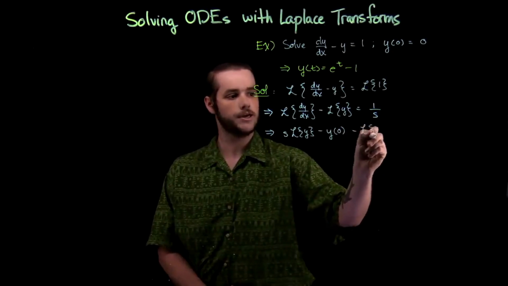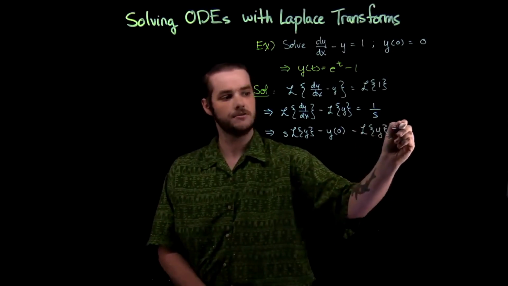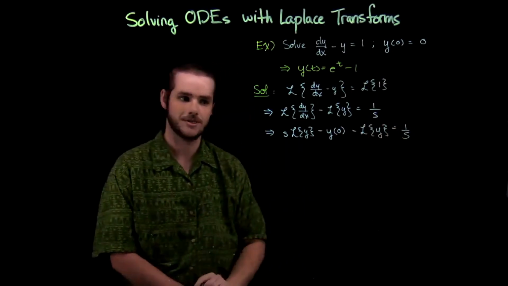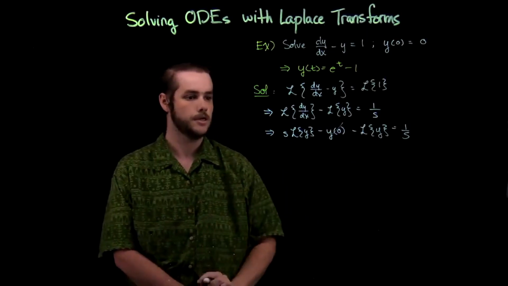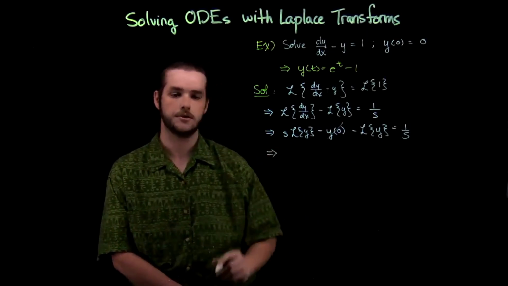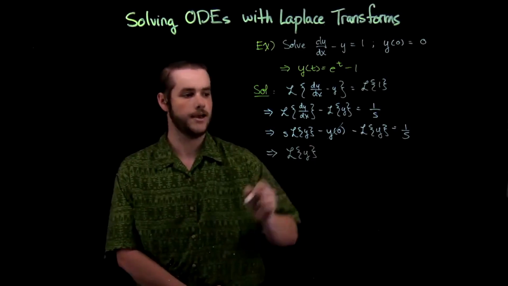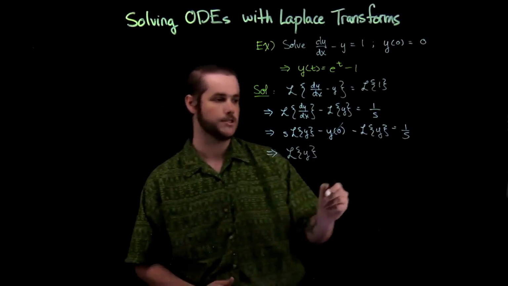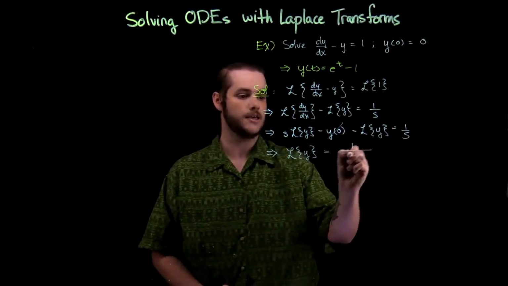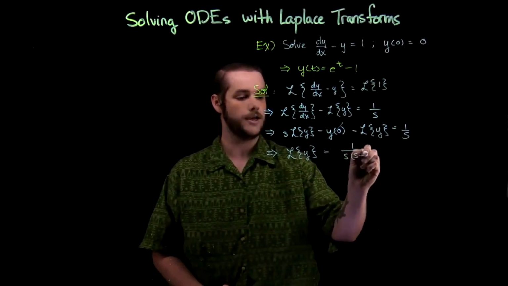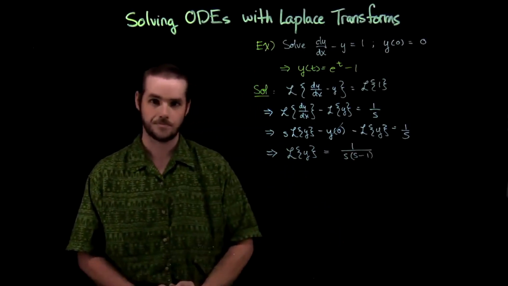But wouldn't you know it, I know what y of 0 is. It's one of my initial conditions. It's 0. So factoring out the Laplace transform of y and then dividing the remaining s minus 1 over, I get that this is 1 over s times s minus 1.